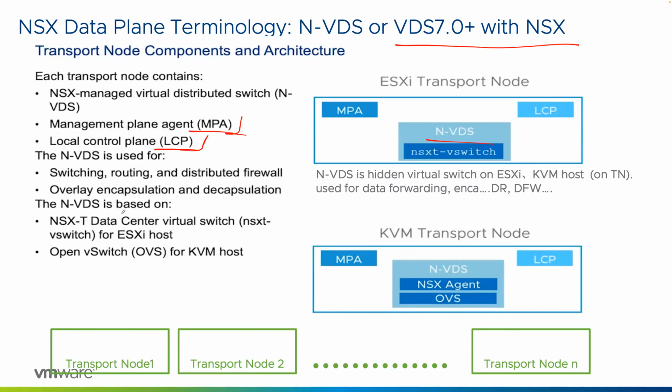Just remember NVDS is a virtual switch within the transport node, or VDS 7 with NSX is another type of virtual switch inside the transport node. That's the gist of the virtual switch or NVDS. There are a lot of features on NVDS or VDS with NSX, which we'll get into a little later.